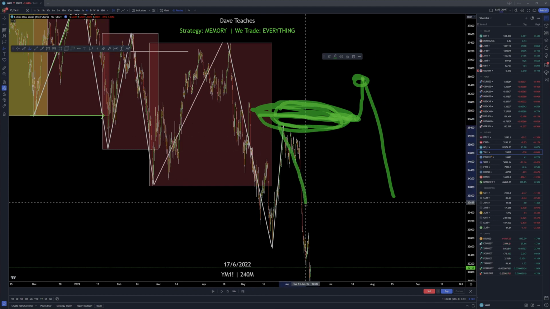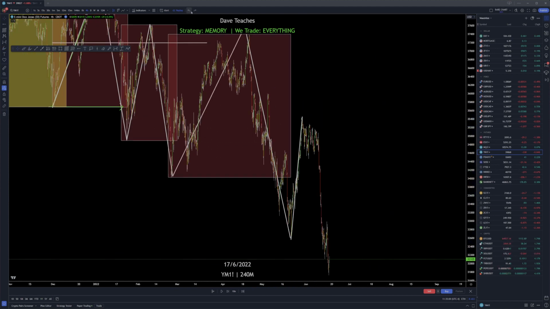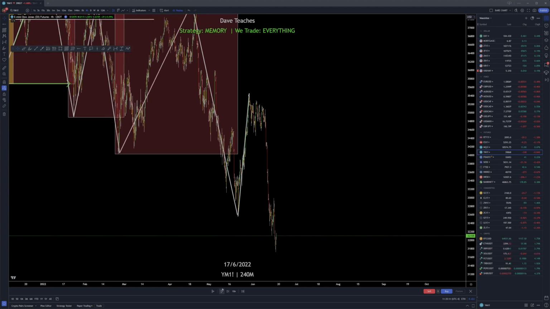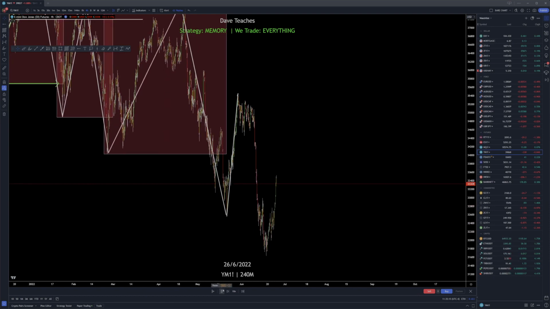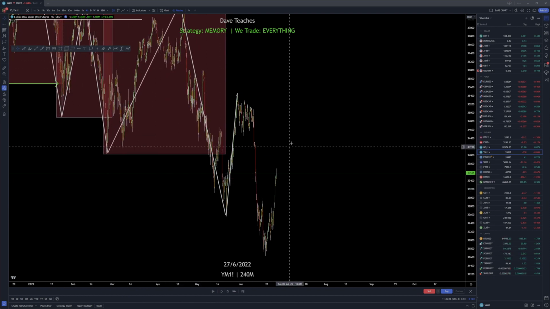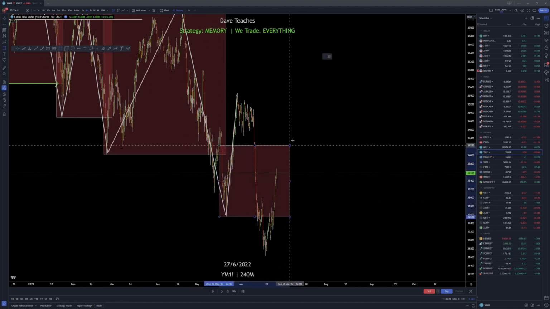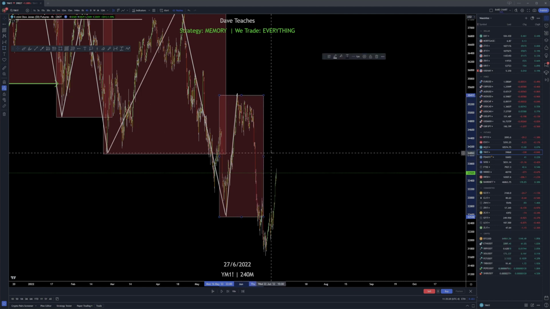So we have this move down, but look at what occurs after with the move down. We see price making its way up. Here's where somebody's drawing this out to say, oh yeah, this is another range here. It's another range here. So price should tap into the 50% here and then trade to the downside.